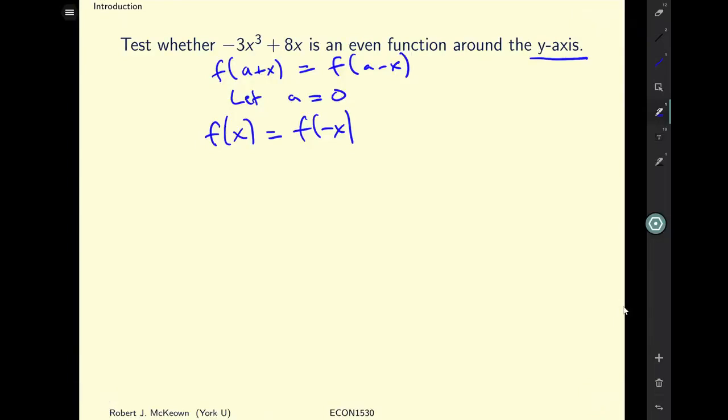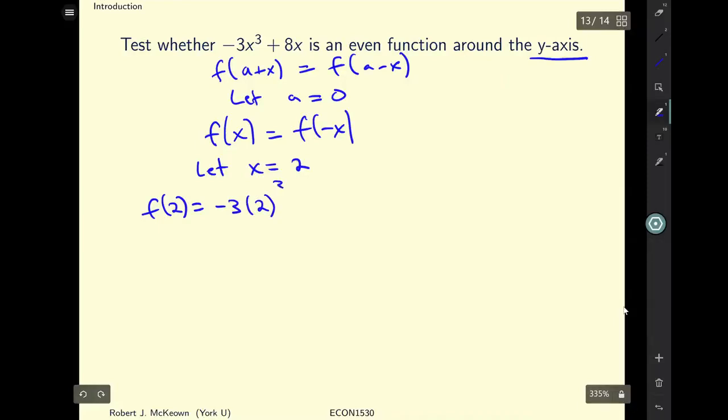How about we let x be equal to 2? And so f of 2 gives us negative 3 times 2 cubed plus 8 times 2. And that's going to give us negative 3 times 8, since 2 times 2 times 2 is equal to 8. Plus 16, and it looks like we've got negative 8 here.